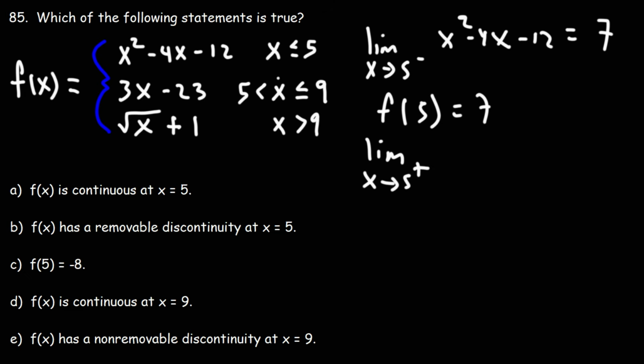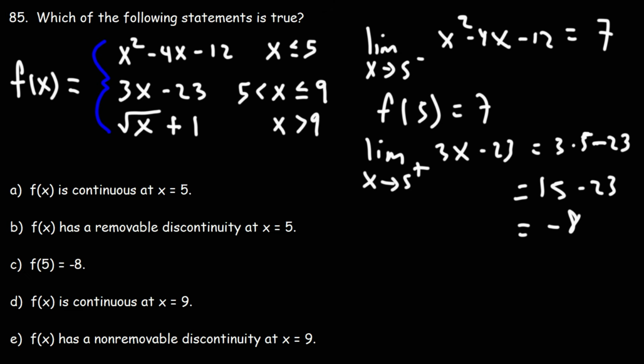To the right of 5, where x is greater than 5, we need to use this one. 3x minus 23. So this is going to be 3 times 5 minus 23. 3 times 5 is 15. 15 minus 23 is negative 8.